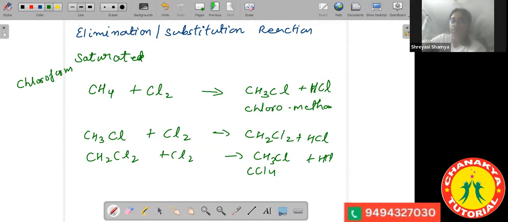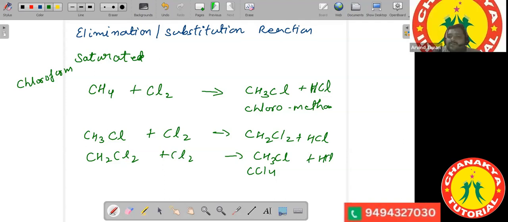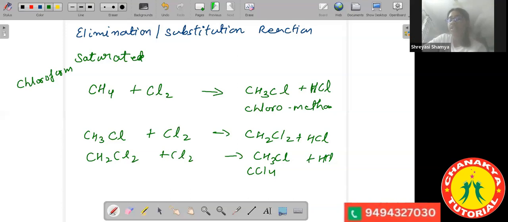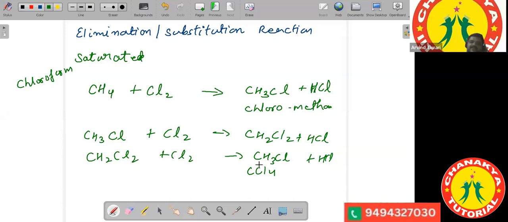Yes, the product of the last reaction should be CHCl3. So you have the formation of chloroform, which is used as an anesthetic.